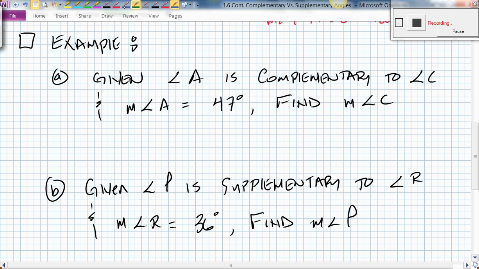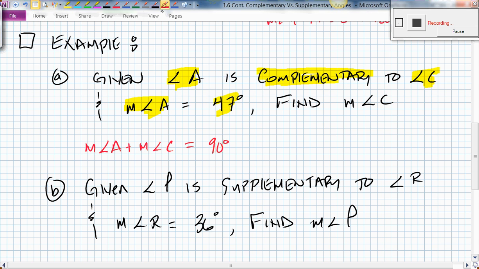Okay, here's some examples for us here. Given angle A is complementary to angle C. So that tells me right away that the measure of angle A plus the measure of angle C has to be 90 degrees. It's given to me in the formula. And I know that the measure of angle A is 47.